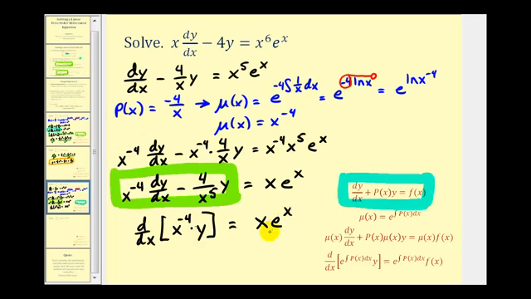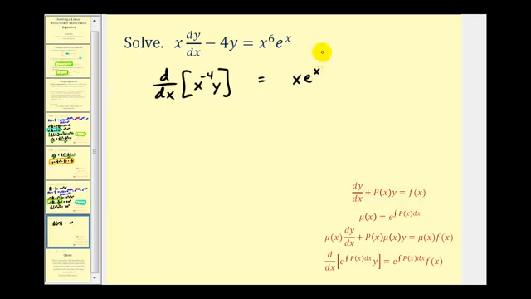And now the last step is integrate both sides and solve for y. Let's go ahead and do that on the next slide. So again, now we're going to integrate both sides with respect to x. So the integral and derivative will undo each other, so we'll have x to the negative 4y. And to integrate here, we have to apply integration by parts.